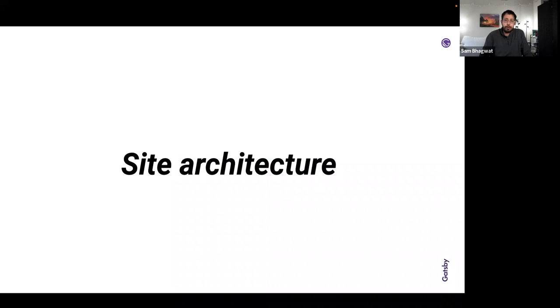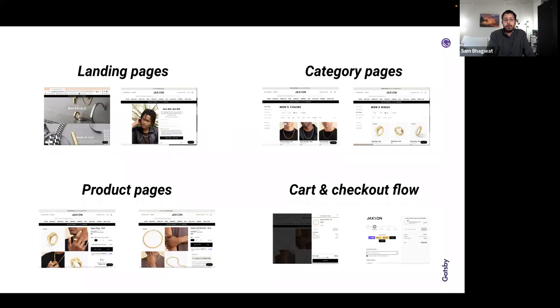When I say architecture in this context, what I really mean is a page structure. They have landing pages that have some information about the products or the company in general. There's category pages, and in this case, that's types of jewelry. Specific product pages, and then the cart checkout flow.